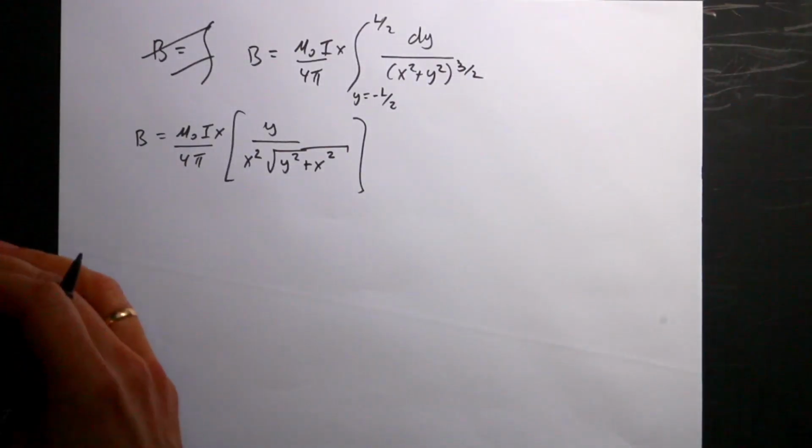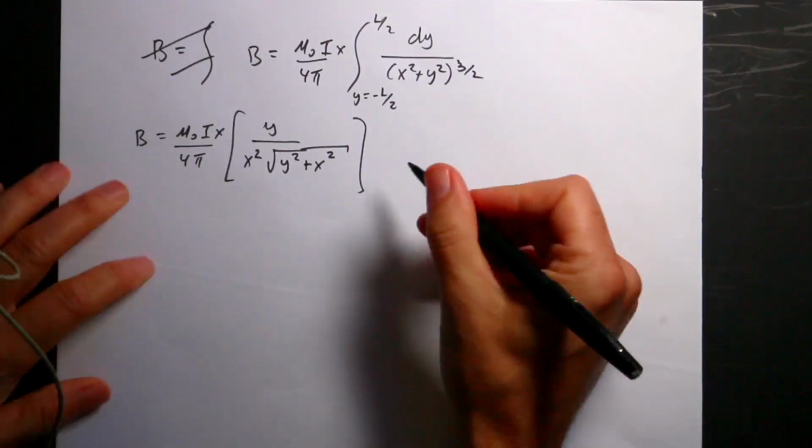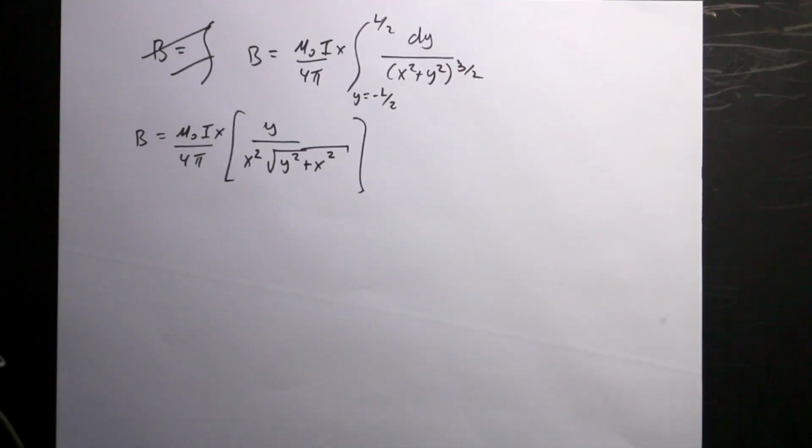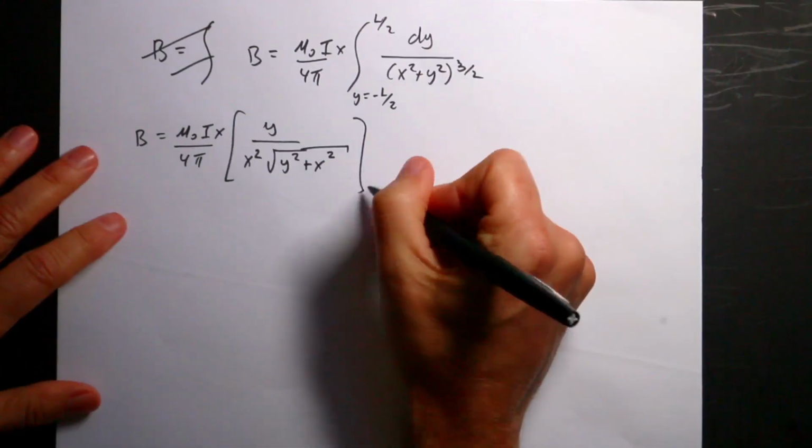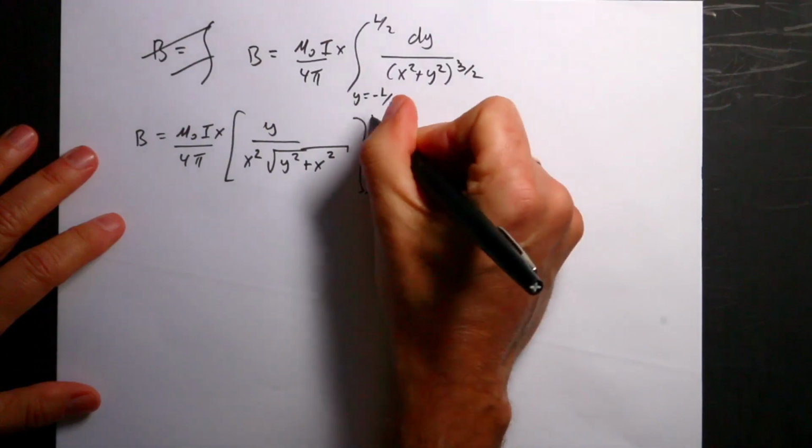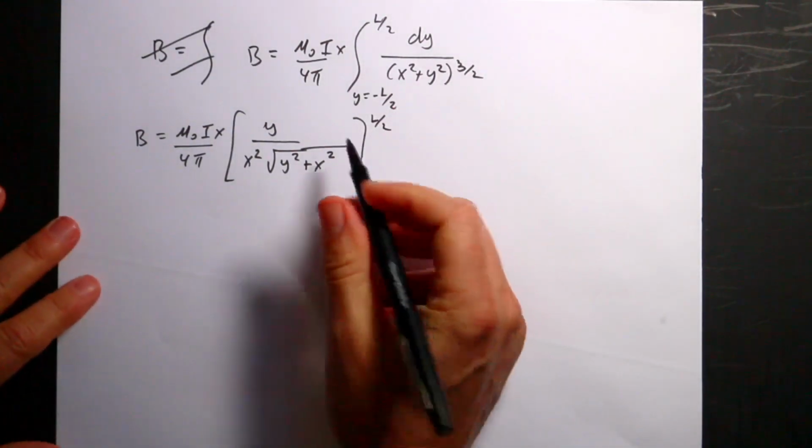I'm pretty sure that's right. There's a chance I made a mistake, and if I did, you can fix it as homework. See, that's what's great, I can just say, oh, do it for homework. And this goes from negative L over 2 to L over 2. This is y from negative L over 2 to L over 2.